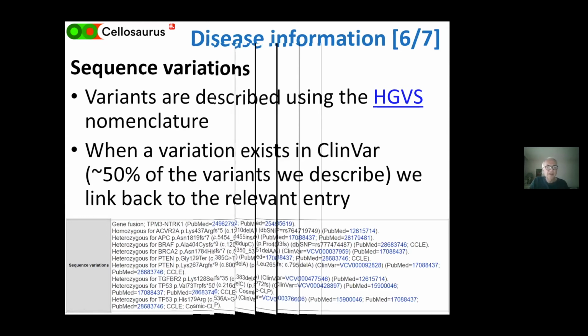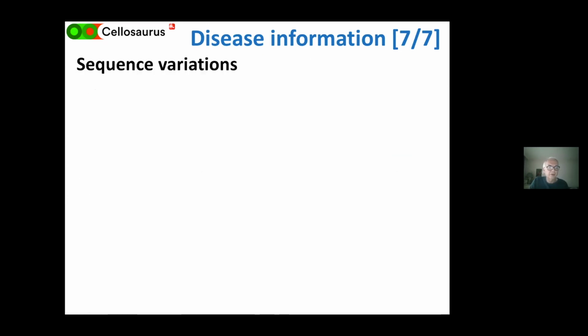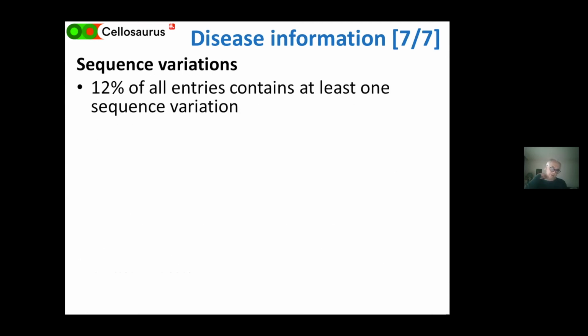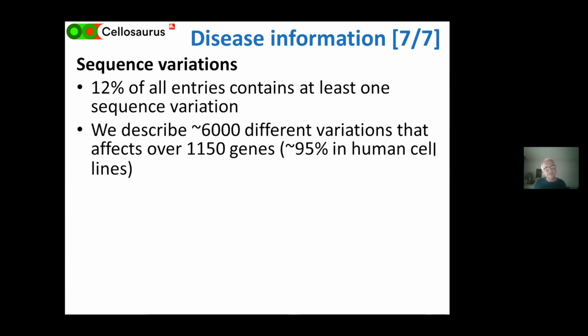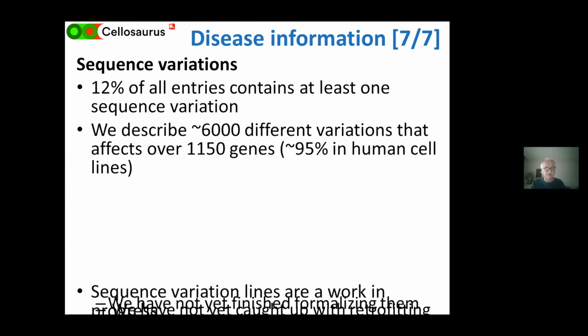And then what's important also is that 12% of all entries contain at least one sequence variation. We now have 6,000 different variations that affect more than 1,000 genes, 950 in human cell lines. Again, it's not only human specific, we have mutations in non-human cell lines.